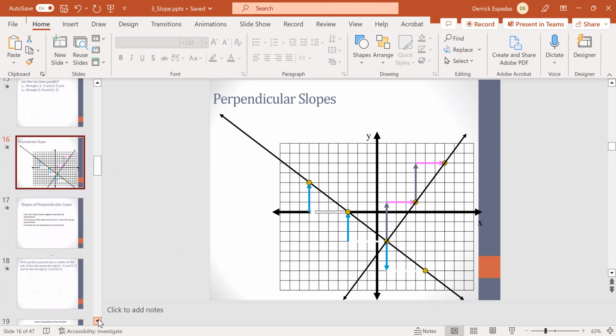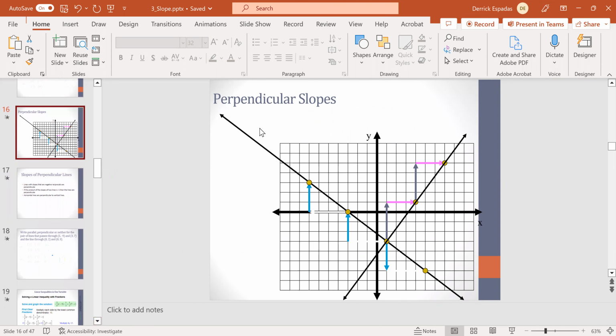Here you can see some perpendicular lines, like this one is perpendicular. See how it crosses there. This would be perpendicular there. So just creating those perfect angles at 90 degrees, that would be a perpendicular line.